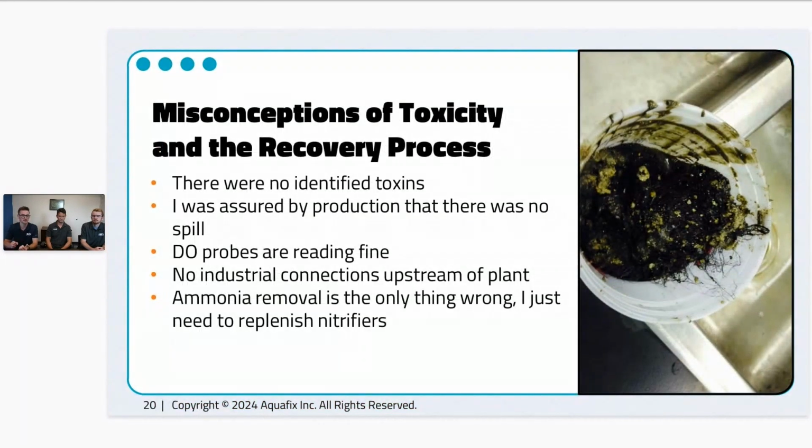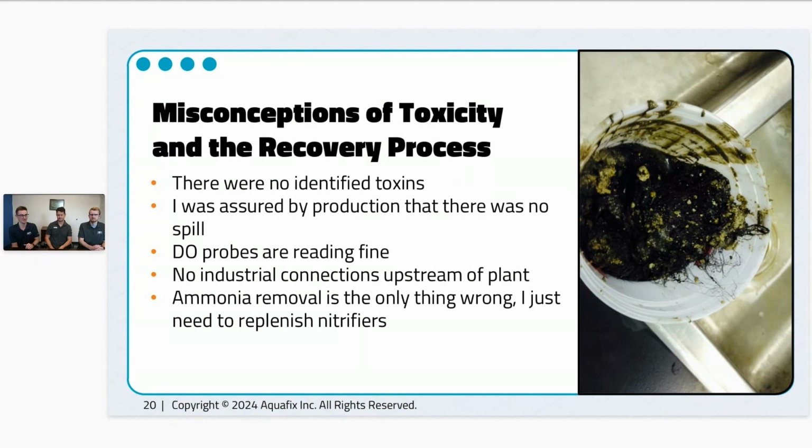So going into the misconceptions about toxicity and the recovery process, a lot of the time we hear either, oh, we haven't identified any specific toxins, or our favorite, if you can call it that, I was assured by production, talking about if you have an industrial user either at your site or upstream, I was assured by production that there's no spill.